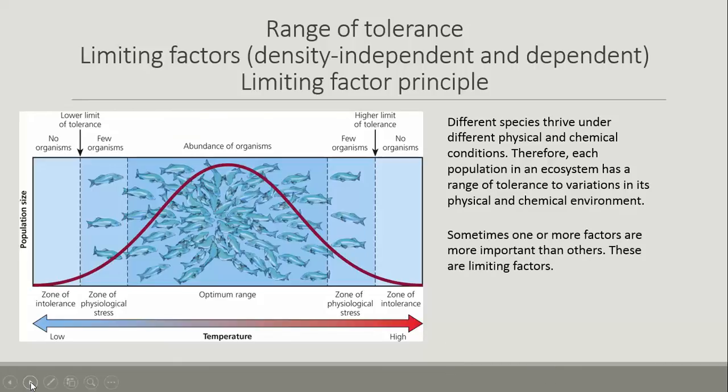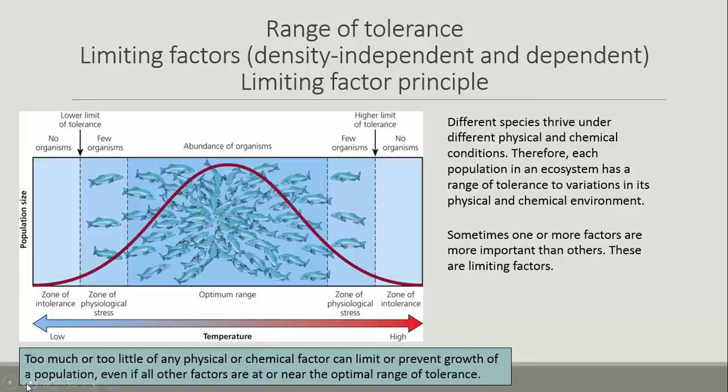A lot of times it's not just one factor that can be a limiting factor. We'll go over some limiting factors here in a minute, but basically these limiting factors together come up with this limiting factor principle, which basically says what we just described in this diagram.